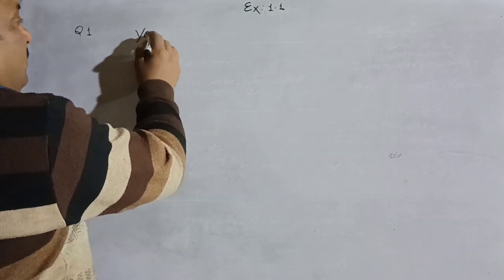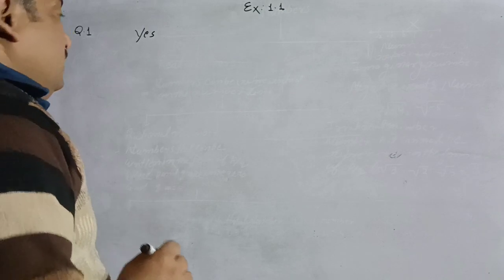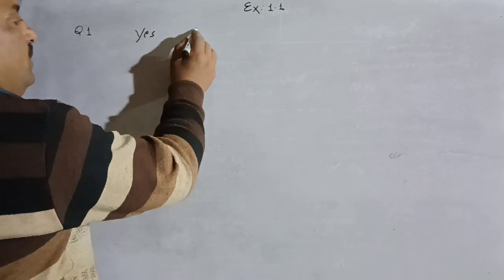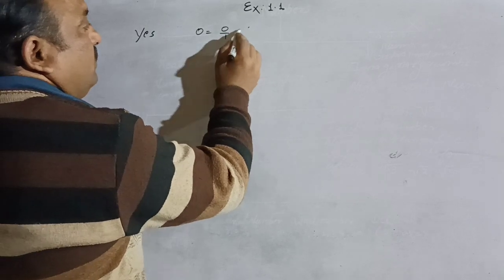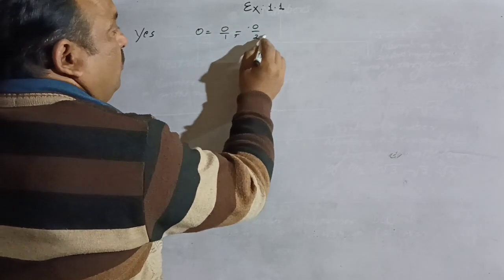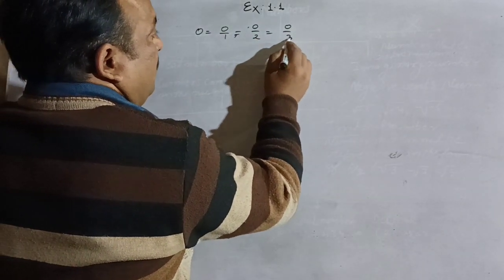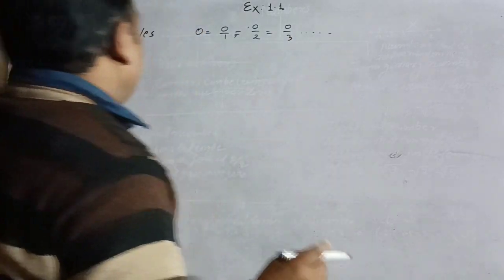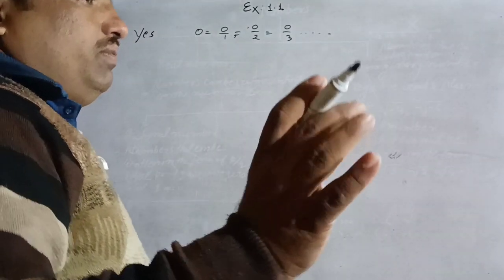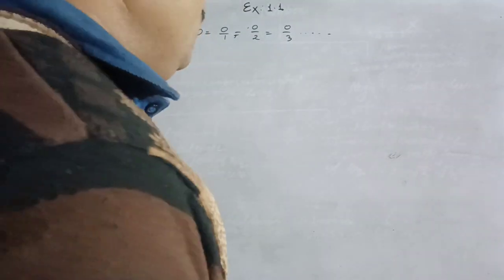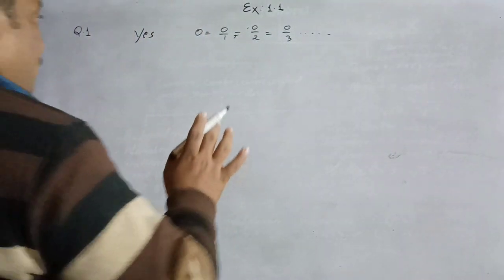Yes, because we can write 0 in the form p upon q: 0 equals 0 upon 1, 0 upon 2, 0 upon 3, and so on. By the definition of a rational number, it can be written in the form p upon q, q not equal to 0, and p may be 0.